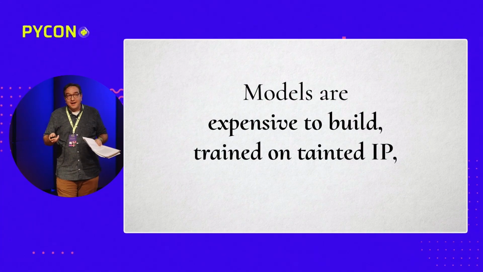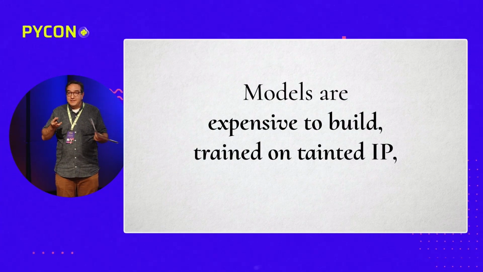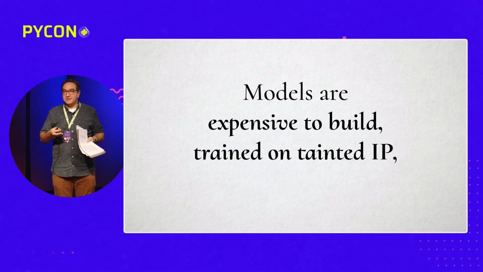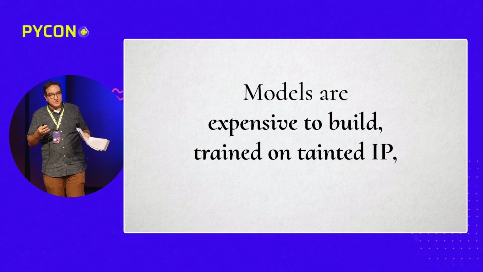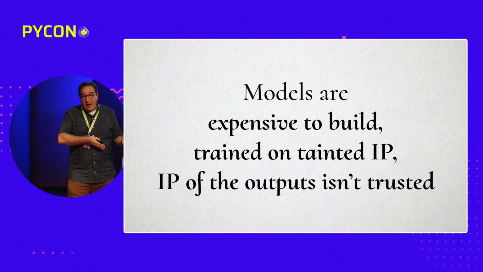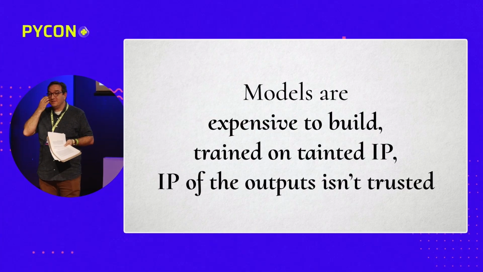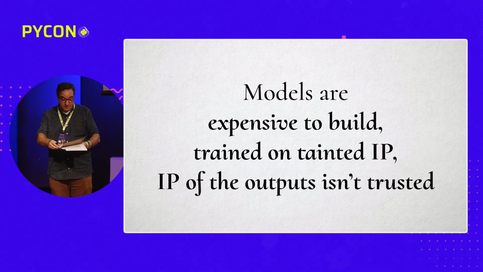They're built on IP that may or may not be tainted. You know, the people building these models right now are not terribly concerned about licensing in the way that the open source community is. And then that leads to the IP cleanliness, let's say, of these outputs as not being trusted by the open source community.